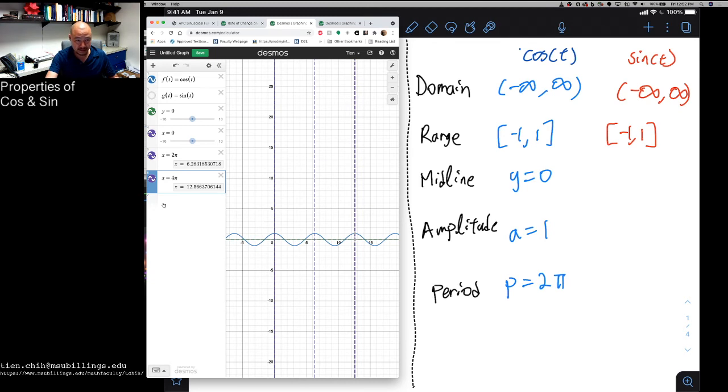Let's throw sine up here. I'm still going up and down to negative 1, which means my midline is still 0. That's still in between my peaks and valleys. And then my amplitude is still 1. And I'm still moving around the same circle. So my values repeat themselves still every revolution around the circle, every 2 pi units, every circumference.